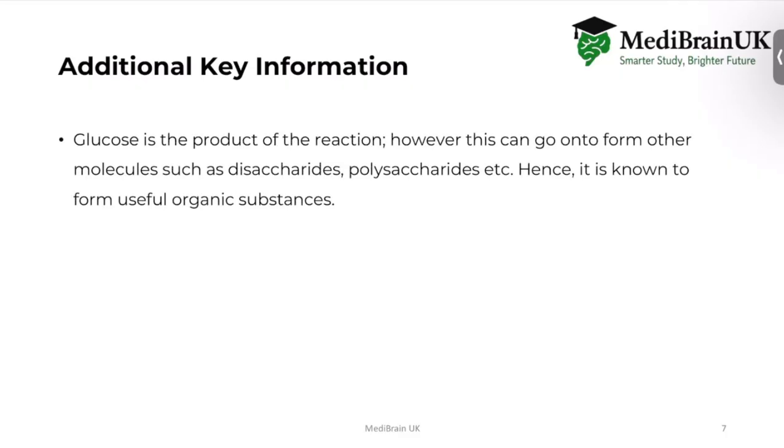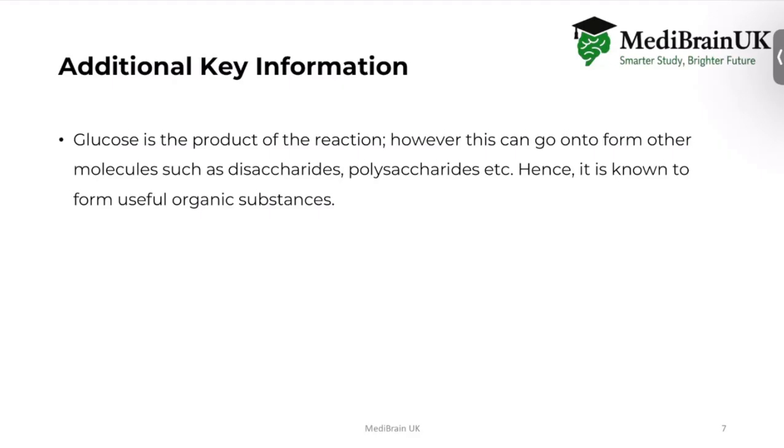So in terms of additional key information, glucose is the product of the reaction. However, this can go on to form other molecules such as disaccharides or polysaccharides or trisaccharides. Glucose is formed, however, then that glucose can go on and form different sorts of molecules.